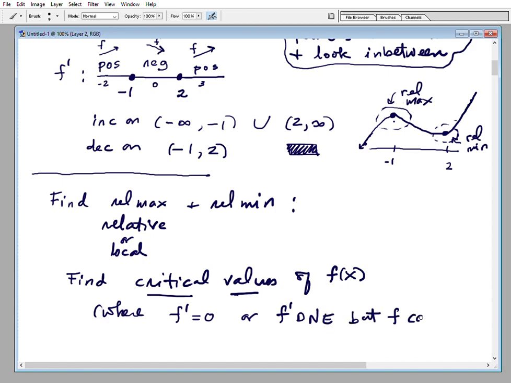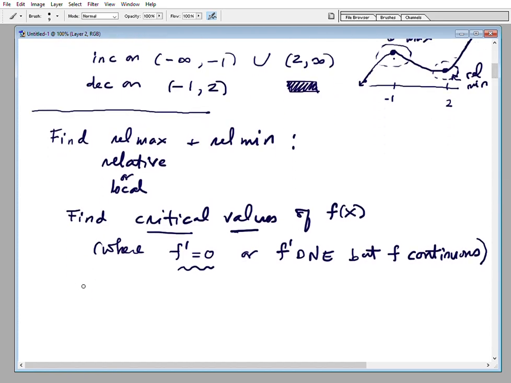We don't have an example like this yet. So far, the only critical values we found were where f prime is equal to 0. We'll have just a few examples of the other type of critical value. So find critical values. Okay. Do a plus minus analysis.